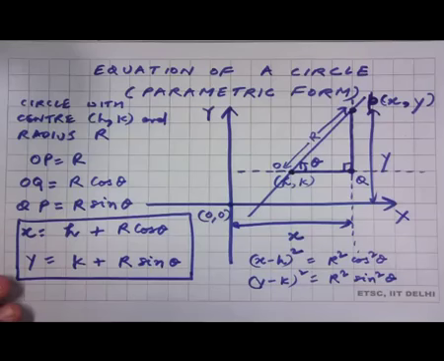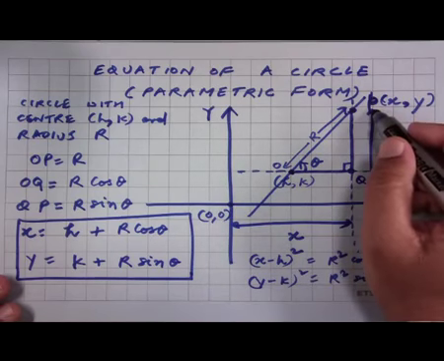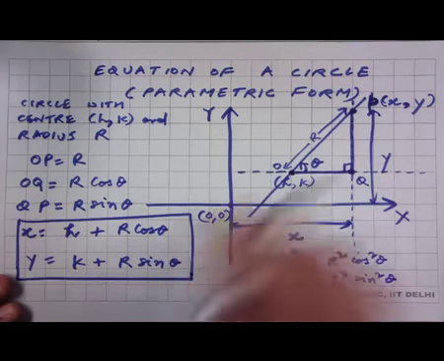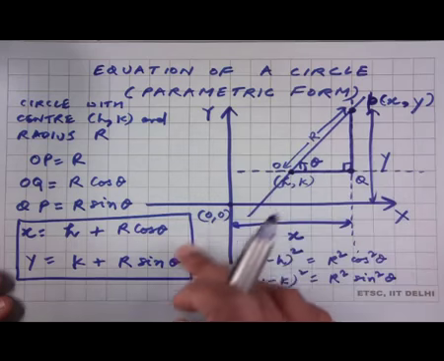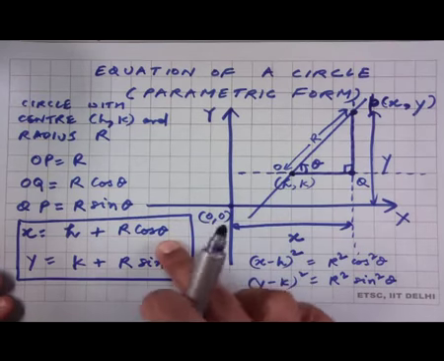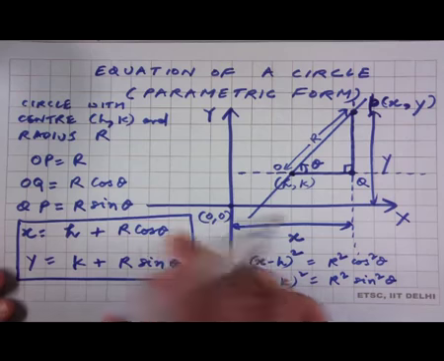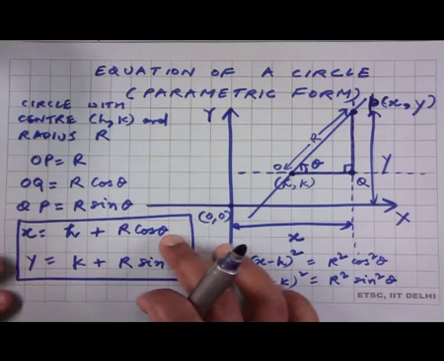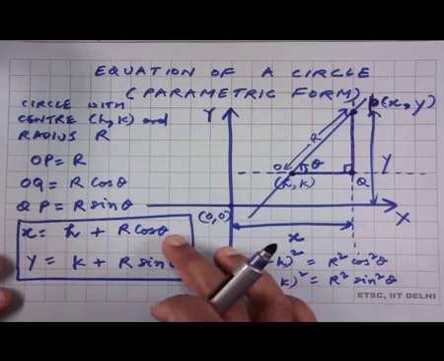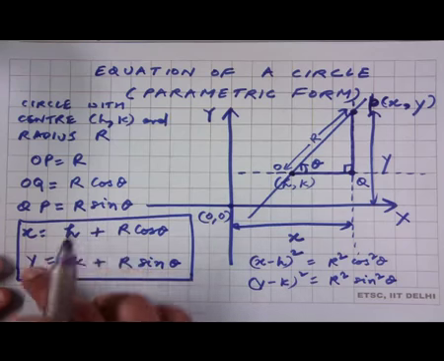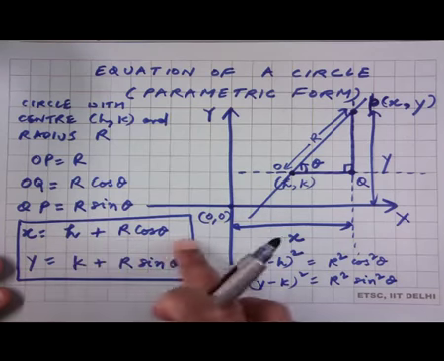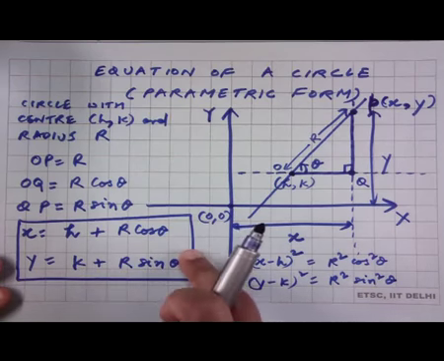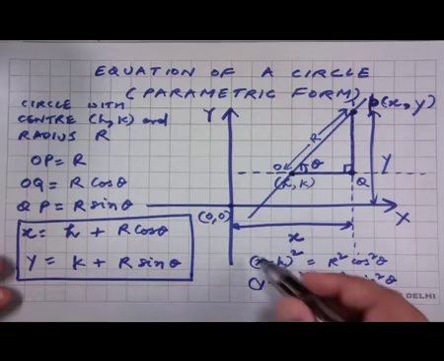So, if we add these two, we end up getting this, which means that any point P on the circle, the coordinates of any point P on the circle can always be written like this, where theta is some angle between 0 and 2 pi. Further, if for any theta we choose between 0 and 2 pi, if we form a point having x coordinate as h plus r cos theta and the y coordinate as k plus r sin theta, then such a point will obviously lie on the circle, and that is what we proved here.